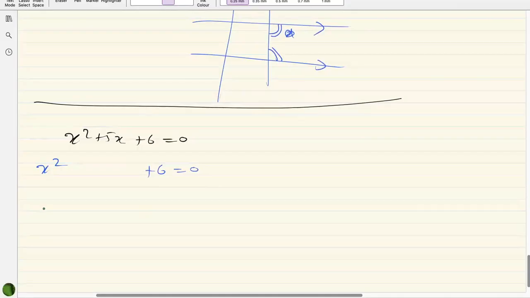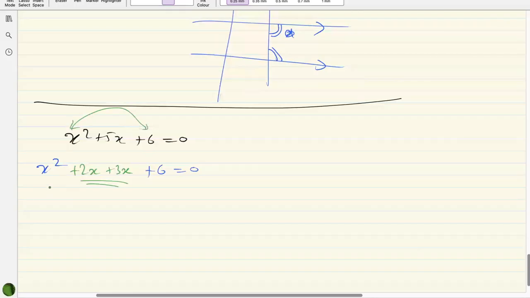Would it be plus 2x and plus 3x? Yeah, because when you add them together, it goes to 5x, and when we multiply these, we get 6x squared, right?